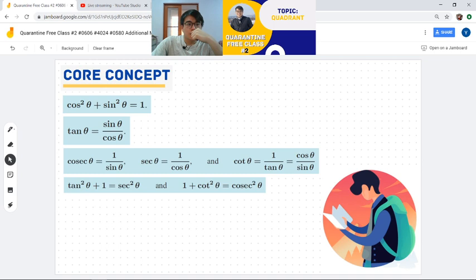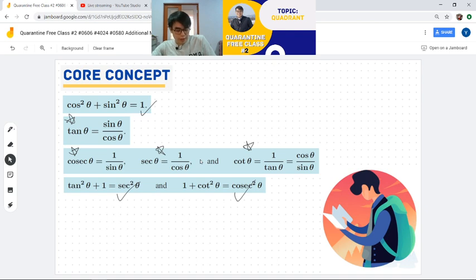Okay, so this is the core concept that you need to know. These 3 over here will be given in your exam. You're only required to memorize these 4 things over here. Write them down in your formula sheet that you were given at the front of the exam paper.